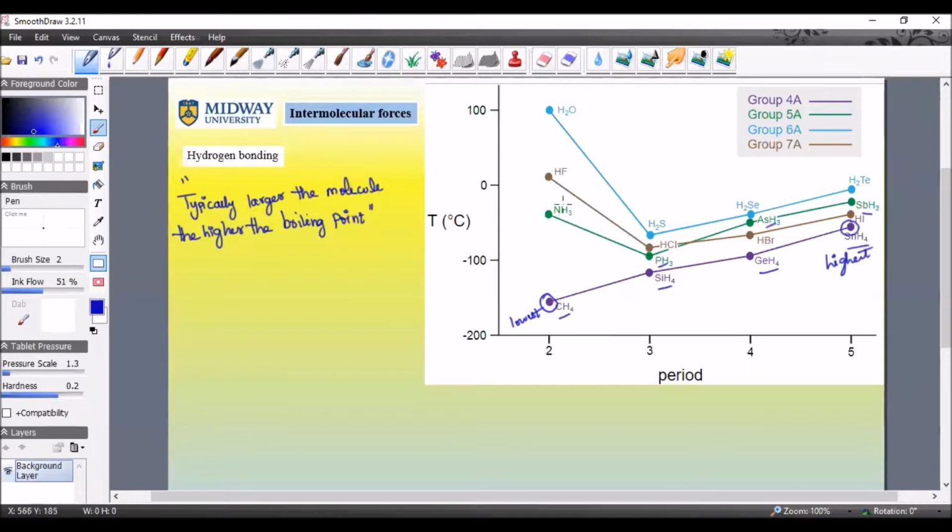Ammonia is only about 17 grams per mole, and phosphine is 34 grams per mole. So clearly, phosphine should have a higher boiling point than ammonia, but that's usually not the case. You see that ammonia has a higher boiling point than phosphine.